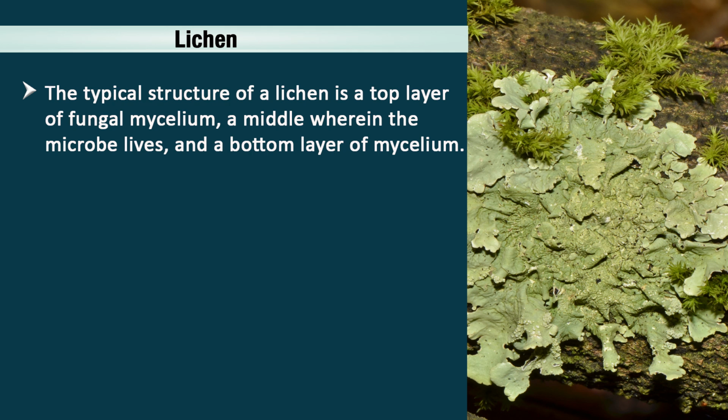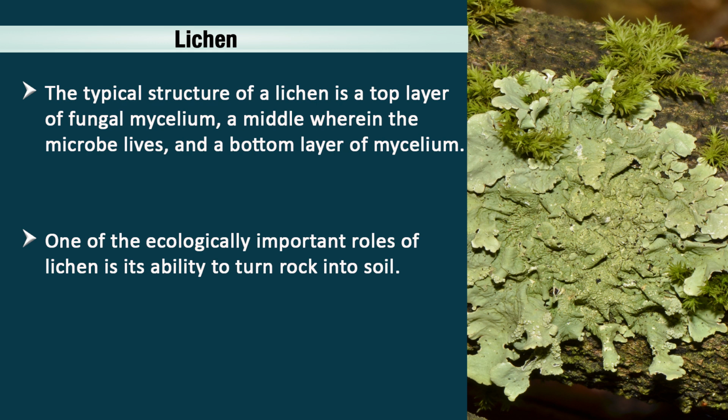The typical structure of a lichen is a top layer of fungal mycelium, the middle one is where the microbe lives, and a bottom layer of mycelium. One of the ecologically important roles of lichen is its ability to turn rock into soil.